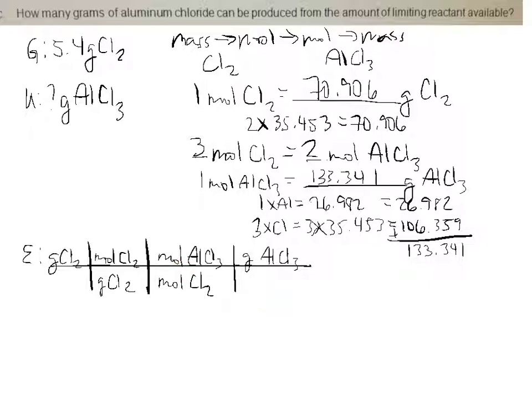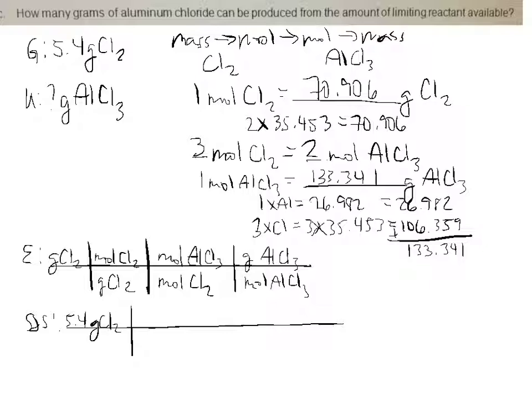We need moles of aluminum chloride on bottom so that they cancel. And then substituting in your numbers and solving this. We are given 5.4 grams of chlorine. It's not written on this page, but it was written in your first part of the problem.